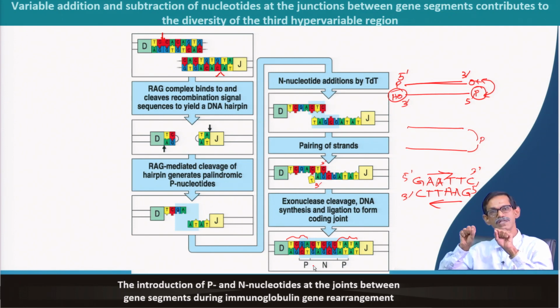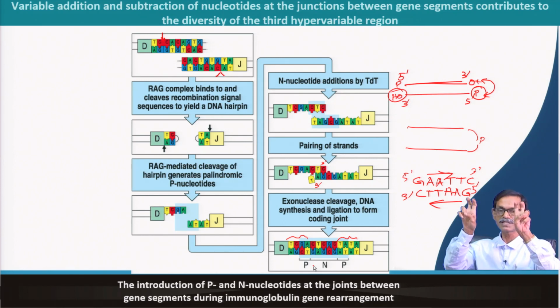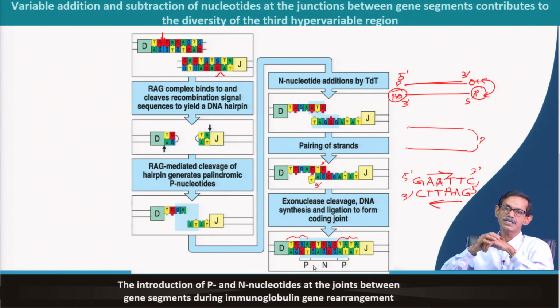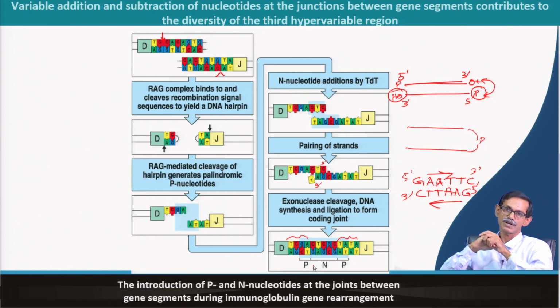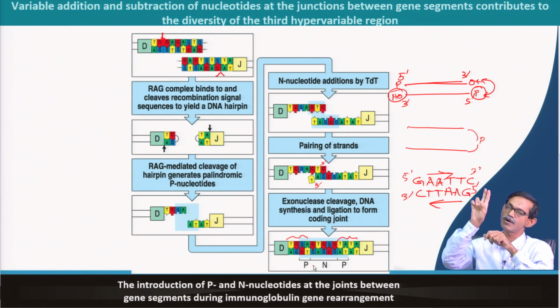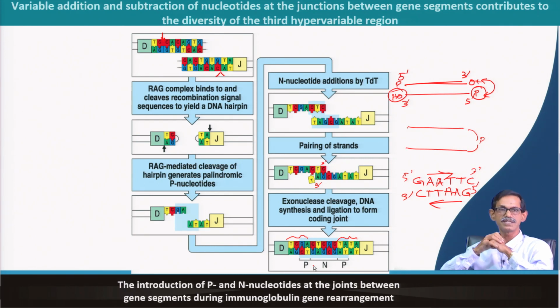In case of heavy chain there will be 2 such cases, DJ one will happen and one VD recombination, 2 places where it will add the N and P nucleotides. In case of light chain, only in the CDR3, because the J segment and V segment contribute to the CDR3 region only. Okay. So, in light chain there will be only one place where this P and N nucleotide addition is going to happen.